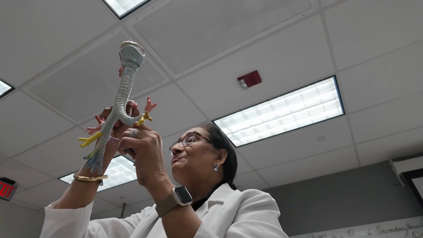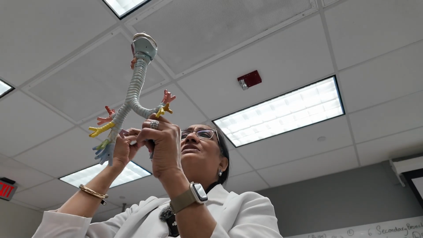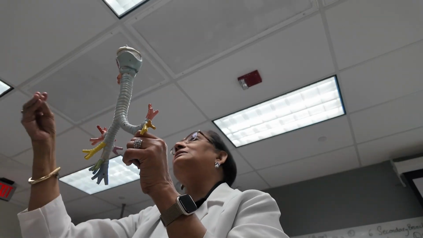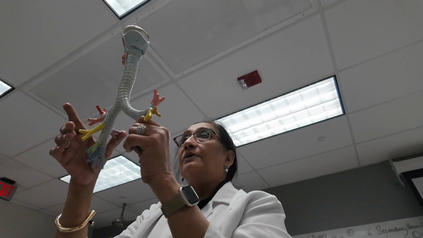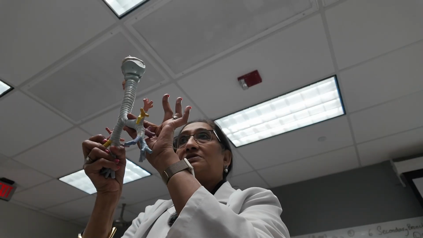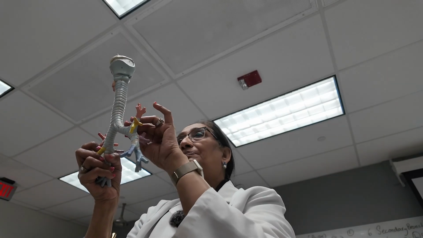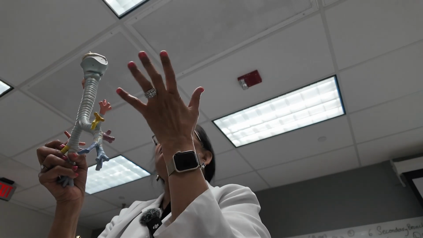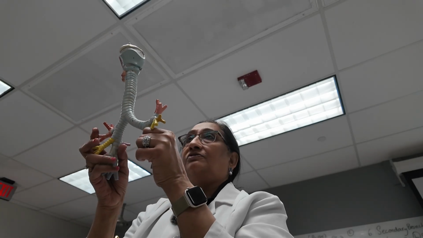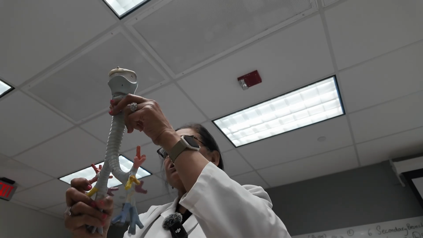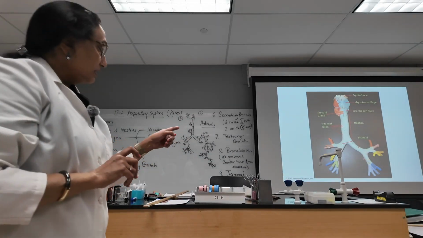So whenever something goes into the trachea, the first place that it might go is the right primary bronchus rather than the left. Okay? So these are some of the clinical importance of the structure itself. So that is about the trachea, bronchi, and the larynx, the voice box.